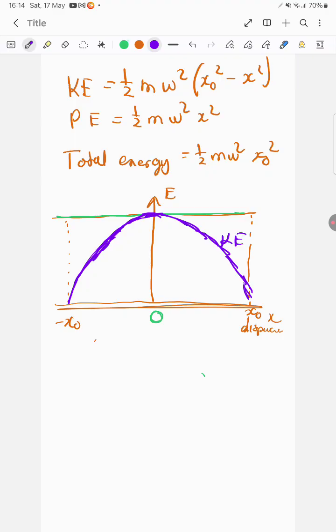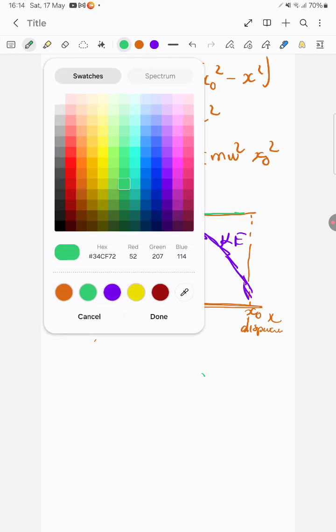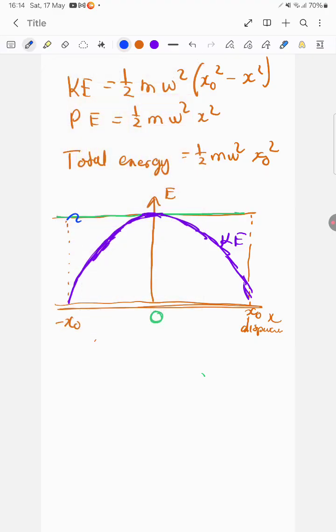And of course, potential will be maximum where? It'll be a concave curve, maximum at the end positions, at the very maximum displacements, and zero in the middle, where there's no displacement, and then it curves up that way.